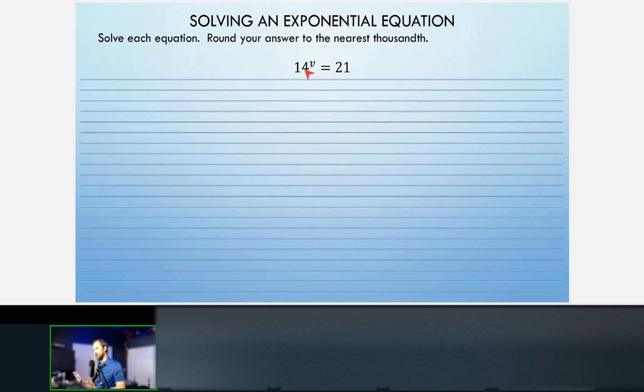If you want to use log instead of natural log, go for it. I usually just use ln. It's less writing.